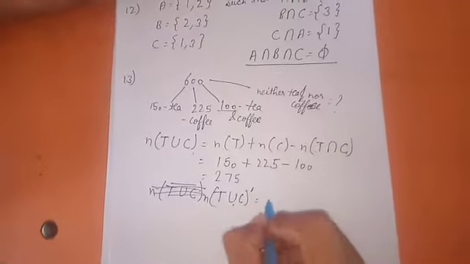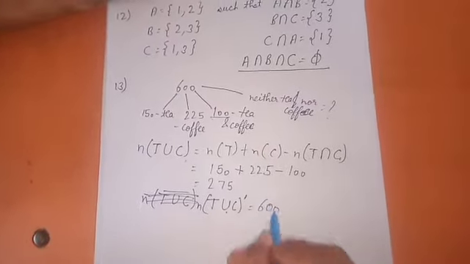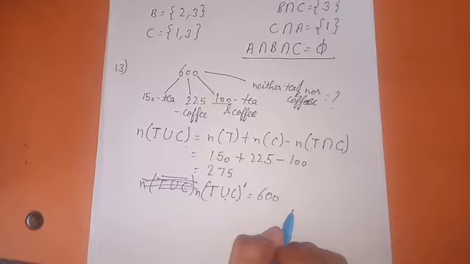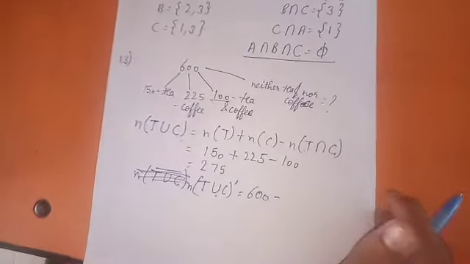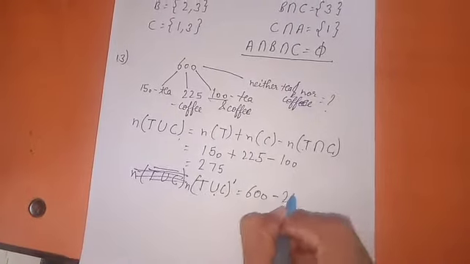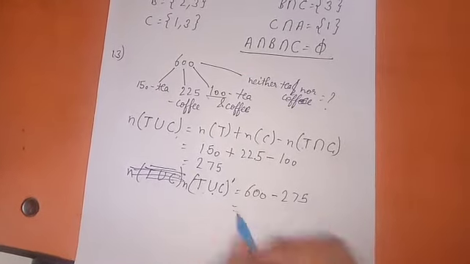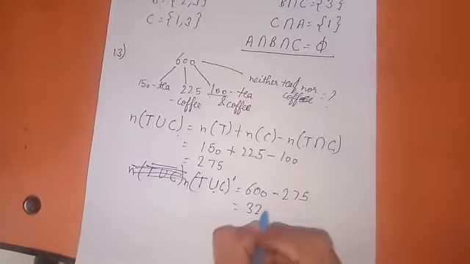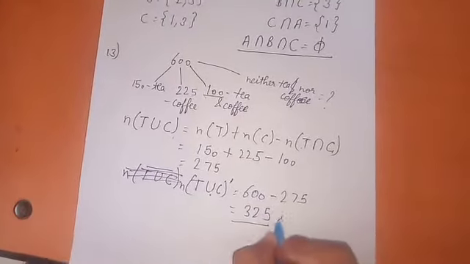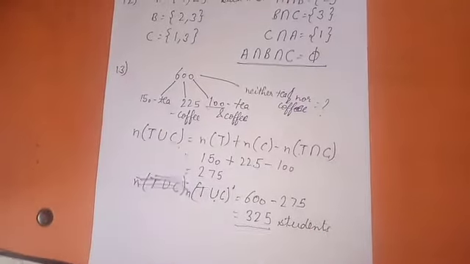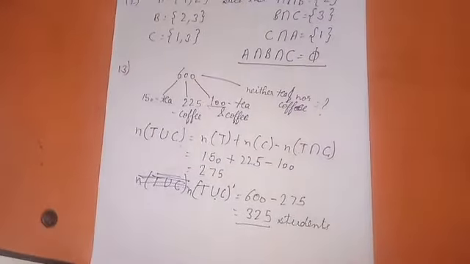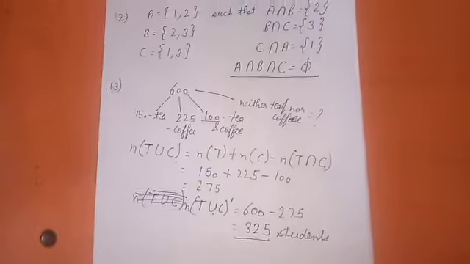So that means 600, that was our universal set, total number of students, minus the number of students who are taking tea or coffee, that are 275. So what do we get? We get 325. So there were 325 students from those 600 students who are not taking tea and not taking coffee also. Okay.